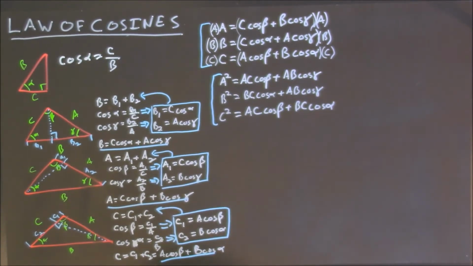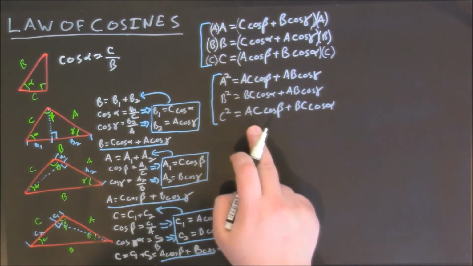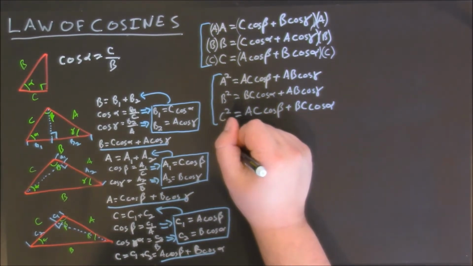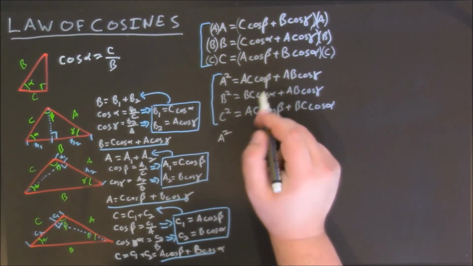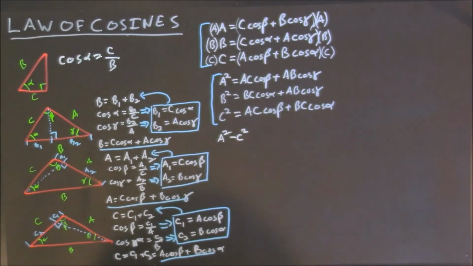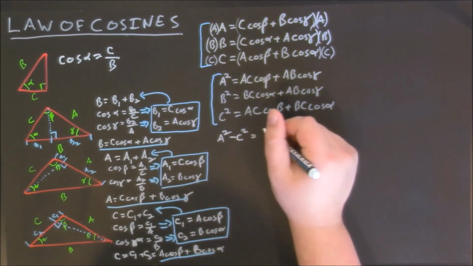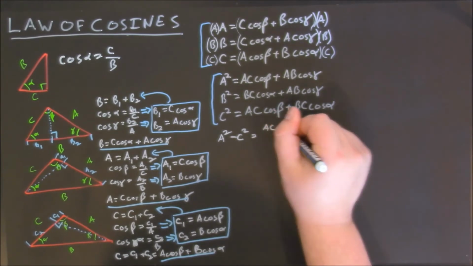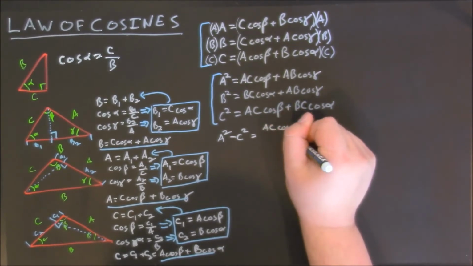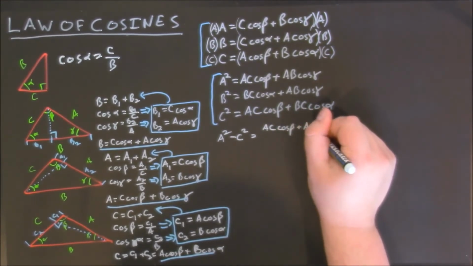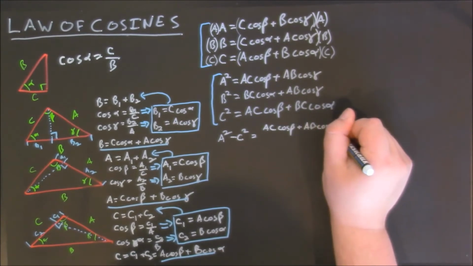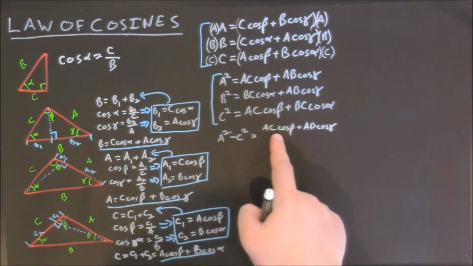So let's start with two of these equations. Let's start with A squared, and let's subtract C squared. So what does that look like? We get AC cosine beta plus AB cosine gamma, and that's A squared.